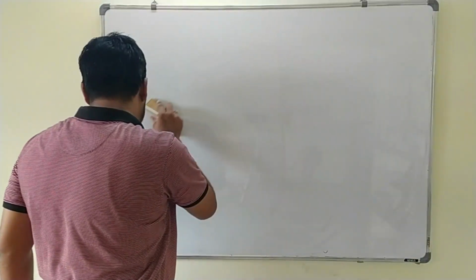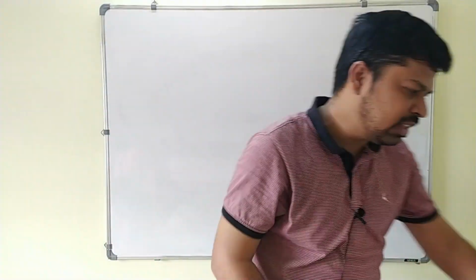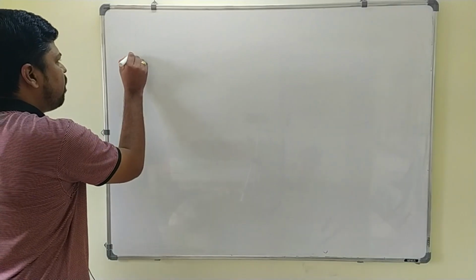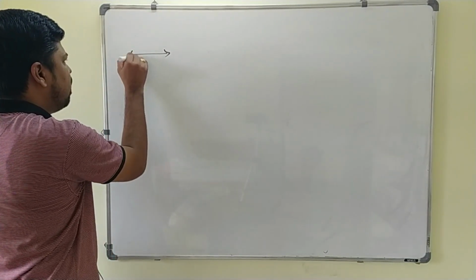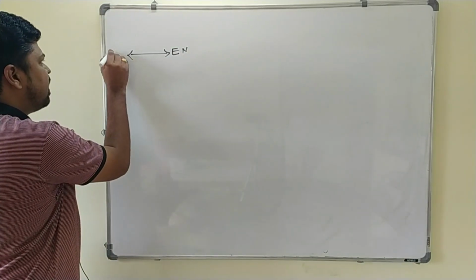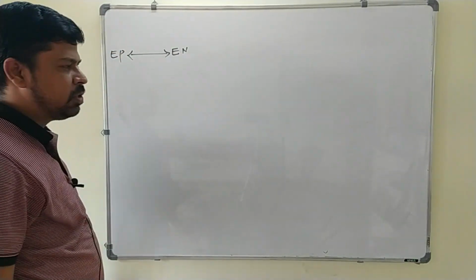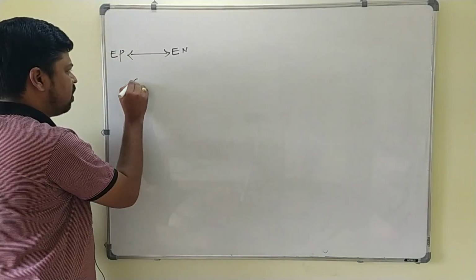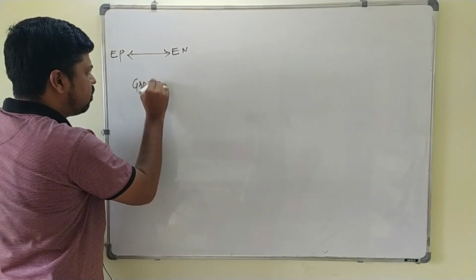Now, how do these group 15 elements react with the other elements in the periodic table? Already we know that in the periodic table, right side elements are electronegative and left side elements are electropositive. For instance, I will take a group 15 element, E. E is a group 15 element.